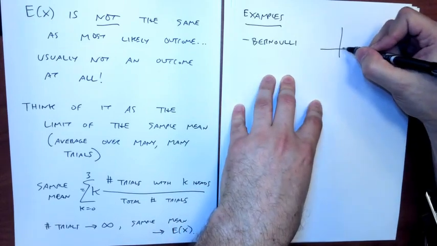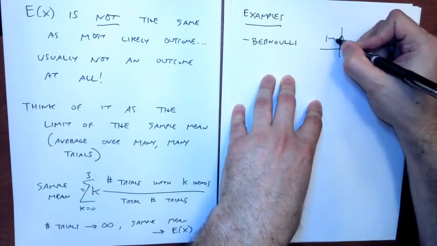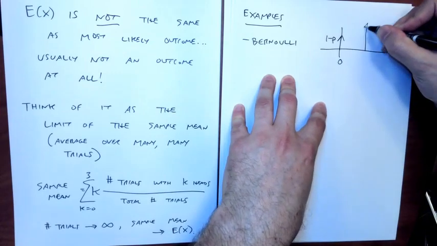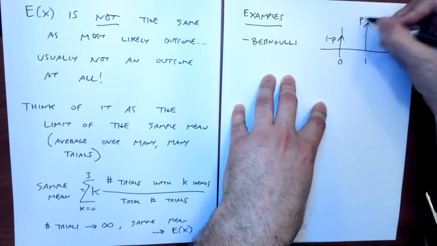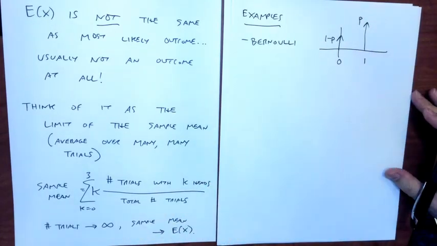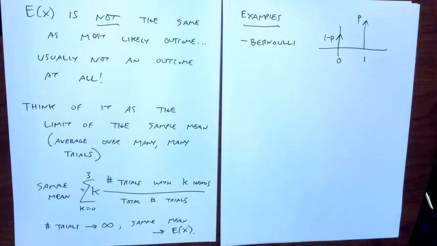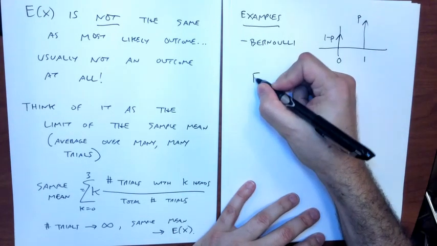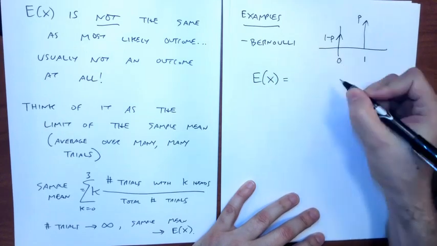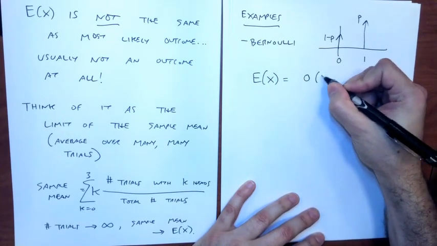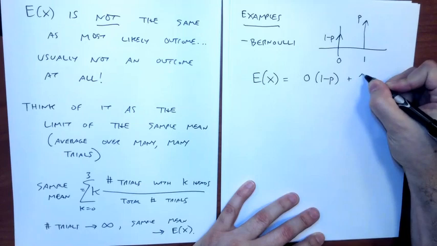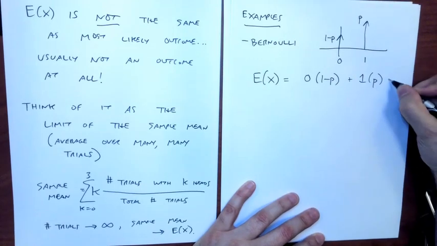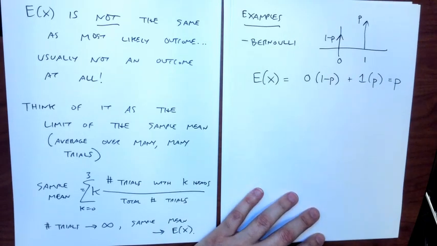Basically, I have probability 1 minus p of getting 0 and p of getting 1, right? This is just like a binary random variable, one coin flip. And so the expected value of this Bernoulli random variable is going to be 0 times the probability of getting 0 plus 1 times the probability of getting 1. So it's just p, right?